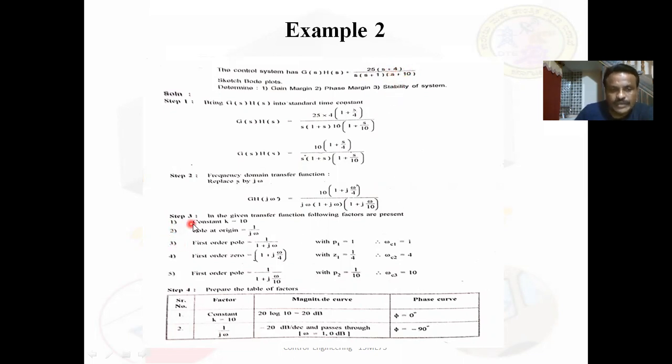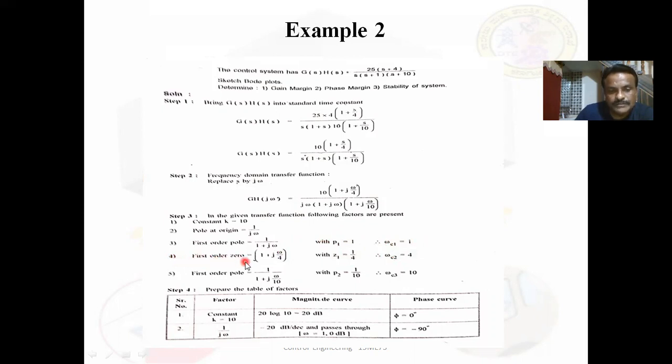So the constant K is 10. The pole at the origin is 1 by j omega; for this and the constant, there is no corner frequency. The first order pole is 1 by (1 + j omega), where p1 is equal to 1, so the corner frequency is the reciprocal of this, which is 1 radian per second.